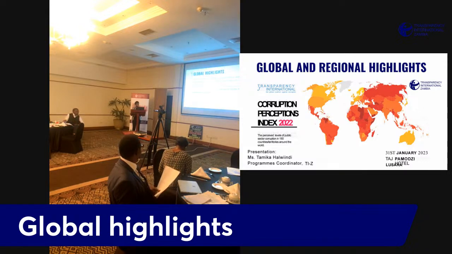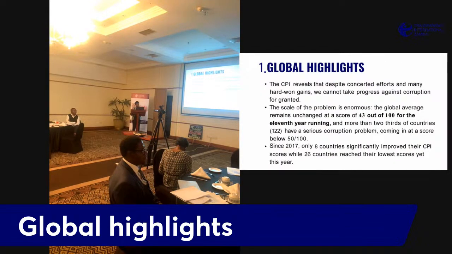As I was saying, when you look at the global highlights, we see that the scale of the problem of corruption is enormous. The global average CPI score has remained the same at 43 out of 100, for the 11th year running.